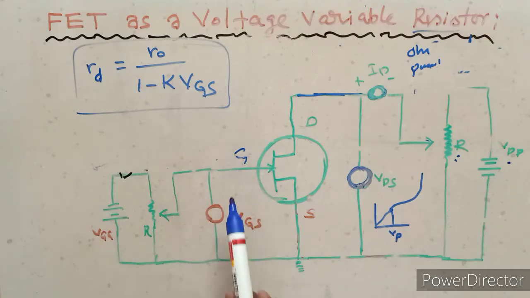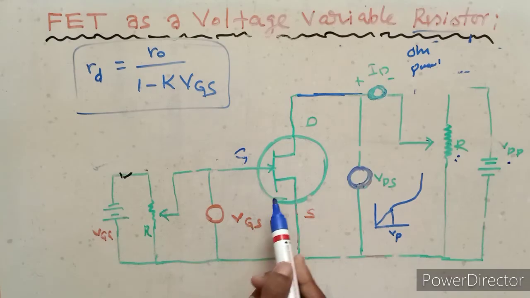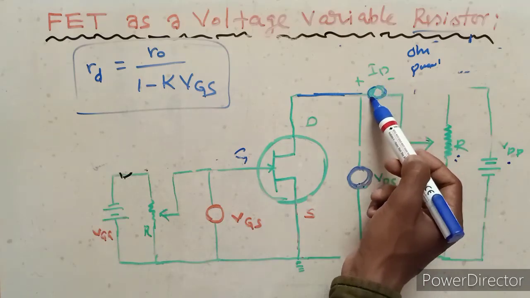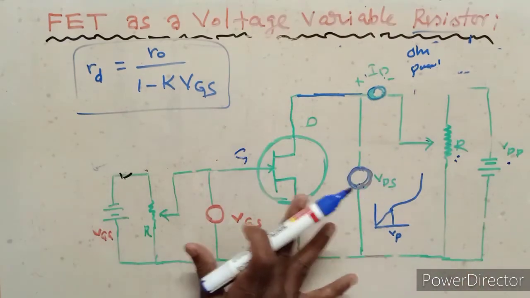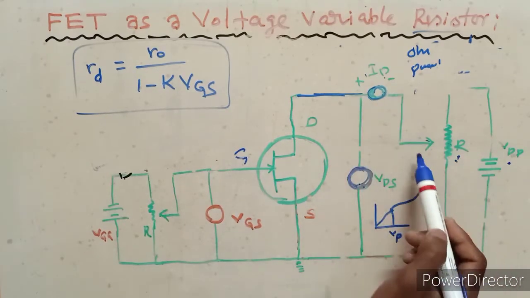Because this is a voltage control device, it depends upon the voltage between gate and source. Then the power changes the drain current. So in this circuit, this is the resistance connected to the drain.